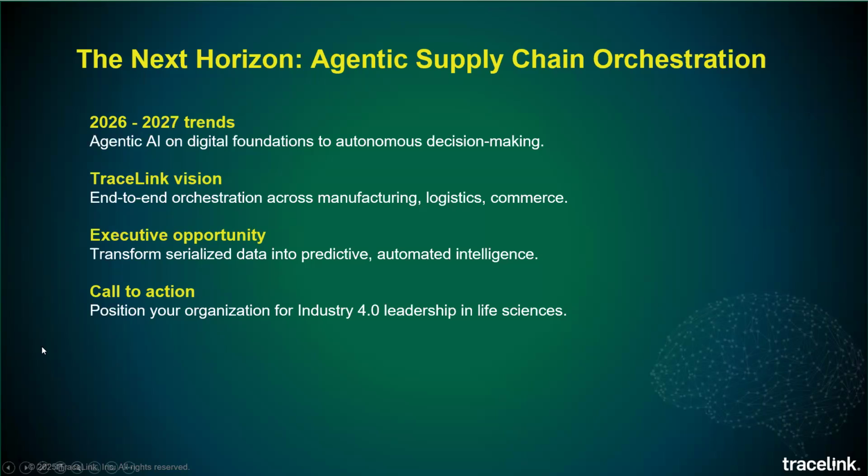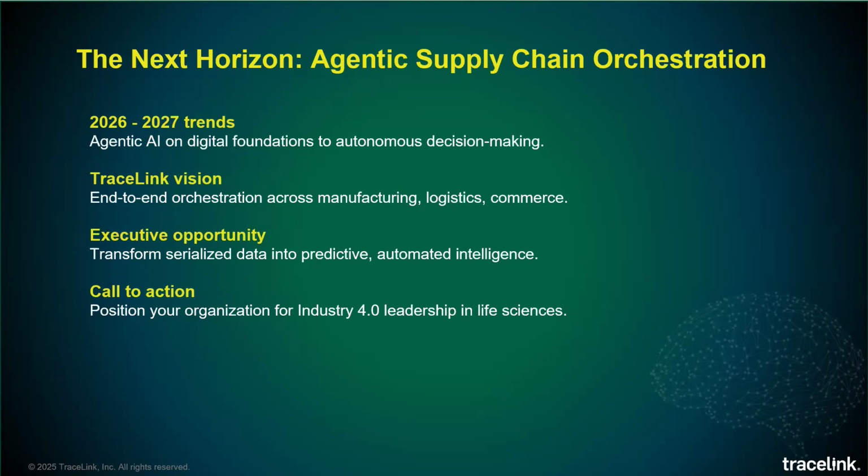So the executive opportunity, right? You can leverage Tracelink's serialized supply chain data, which you already have as a customer of Tracelink, and move that beyond just compliance and just serialization. And you can enable predictive or automated intelligence and leverage the data analytics. These are the important parts, right?